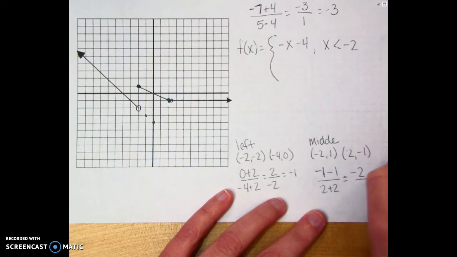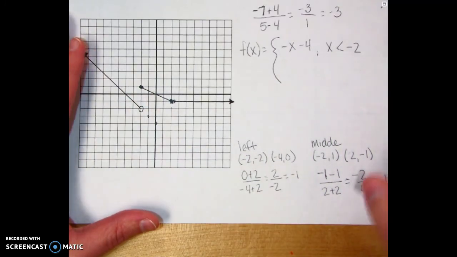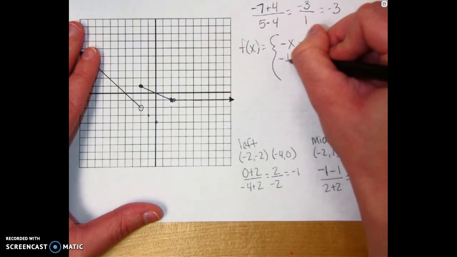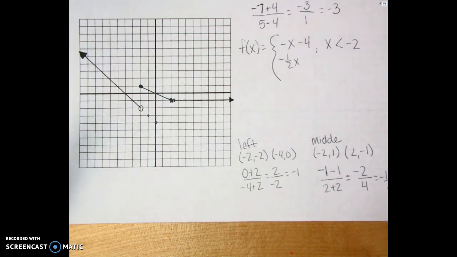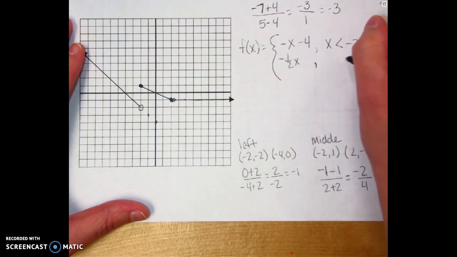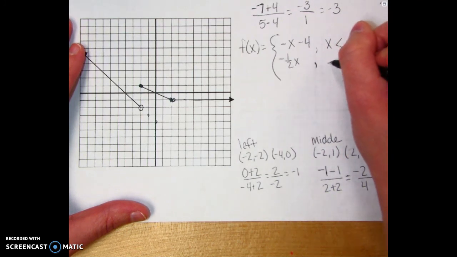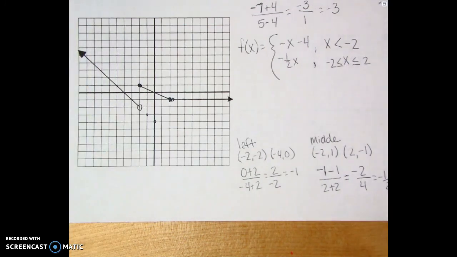This is negative 2 over 4, which is negative 1/2. So for the middle line, the slope is negative 1/2 x. And what's the y-intercept? 0, so I don't need anything there. What's the inequality? There you go. So both of them need the line under them.